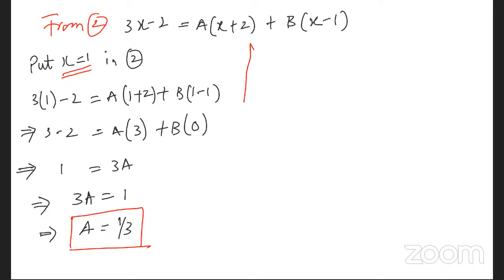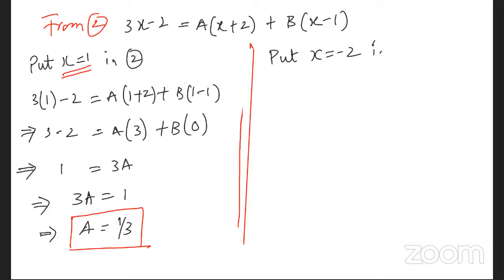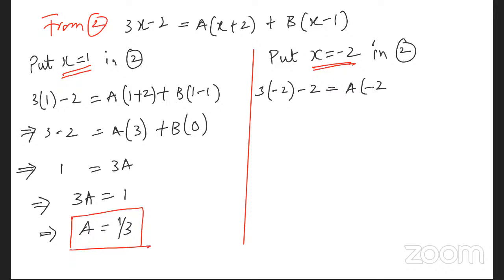We'll find the other value by substituting the other factor. Put x equals minus 2 in equation 2. 3 into minus 2 is equal to A into (minus 2 plus 2) plus B into (minus 2 minus 1).